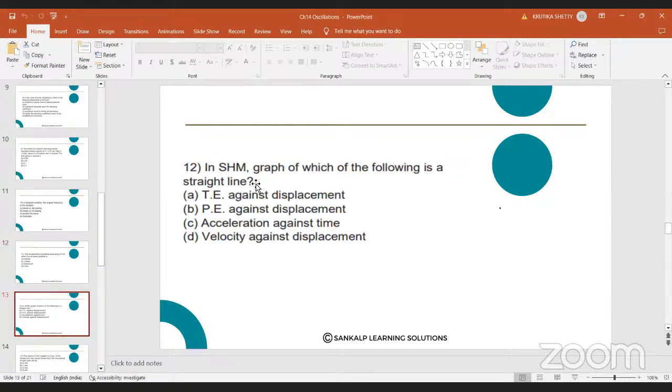And I think this is also a direct question, so this also you can answer. In SHM, graph of which of the following is a straight line? Total energy against displacement, potential energy against displacement, acceleration against time, velocity against displacement. So in simple harmonic motion, which of the following graphs is a straight line?